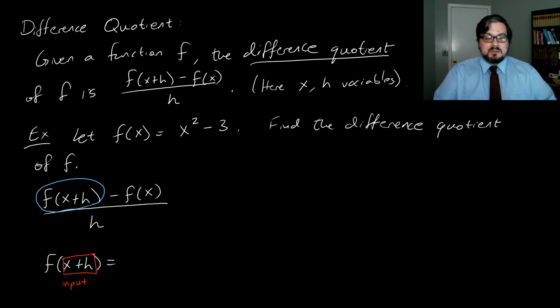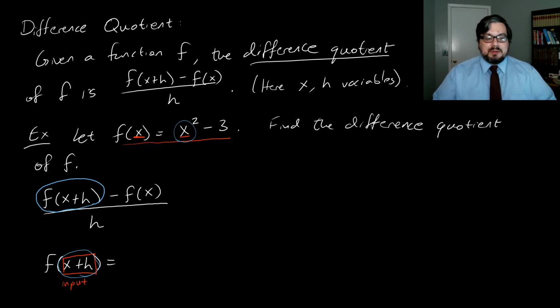to my function. Now looking back at my function, what you want to do is you want to see, all right, in the original definition, the input to my function was x, and then some x's show up in the definition, in the description of the function using the formula over on the right. So when I take f of x plus h, what I want to do is make sure that I replace each one of the x's in the original formula with the expression that I've put into the function down here.